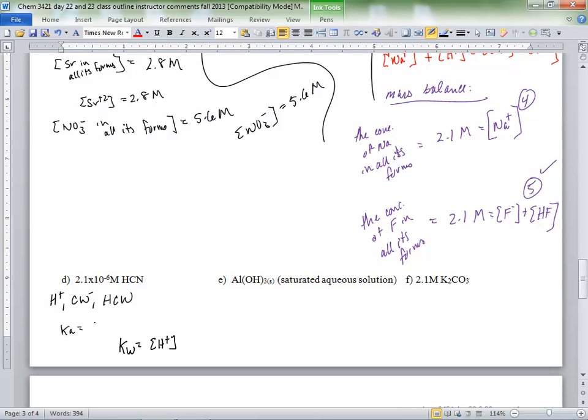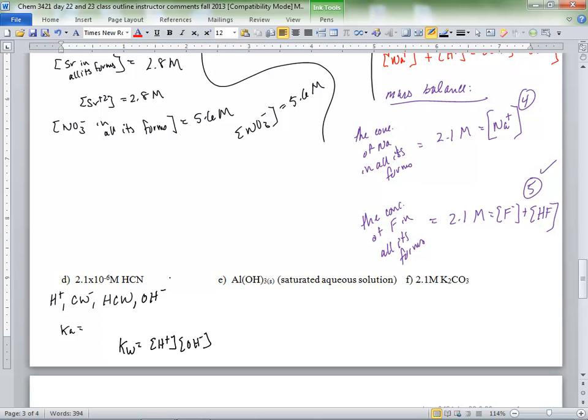Then you ask what other expressions you can write, and you write Kw, and realize you forgot about hydroxide. If you can see ahead, you might write hydroxide right away, because whenever you have H plus, you're going to have OH minus, and whenever you have OH minus, you're going to have H plus, because of the Kw expression. You don't have much choice there, but you need to do a few to catch that.